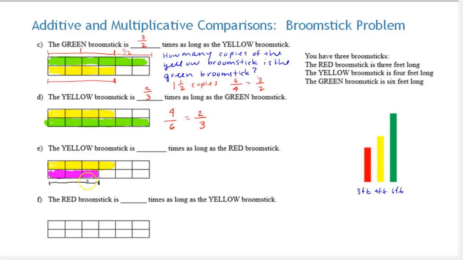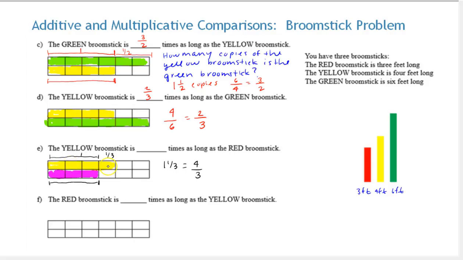So how many copies of this red broomstick are in the yellow? So notice we have 1 full copy, and then we have one piece left over, and when we compare that to the red broomstick, that is 1/3 of a red broomstick. So it's 1 1/3, which as a fraction we can write as 4/3.